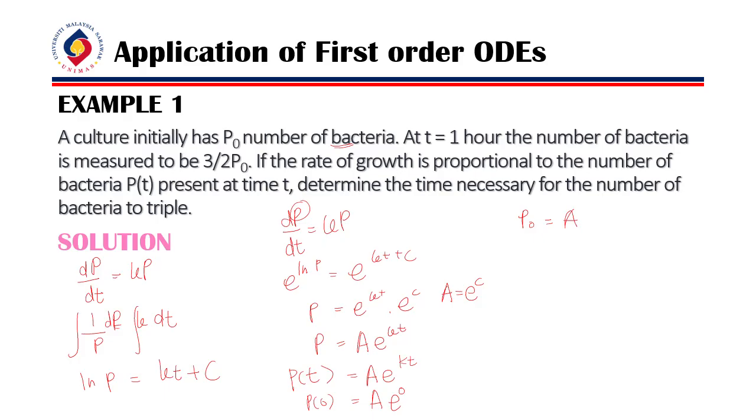So when P naught is equal to constant a, we can solve this equation here, right? P(t) equal to P naught e^(kt).